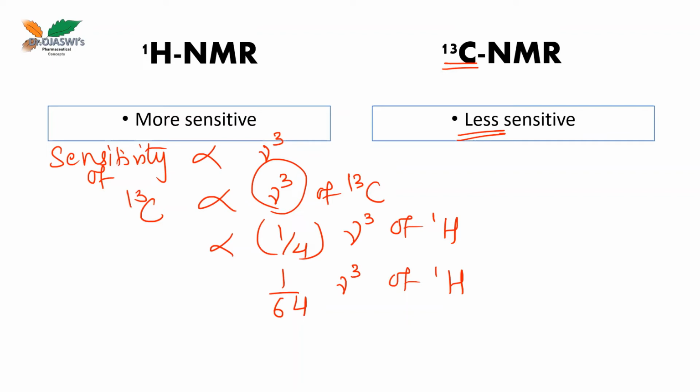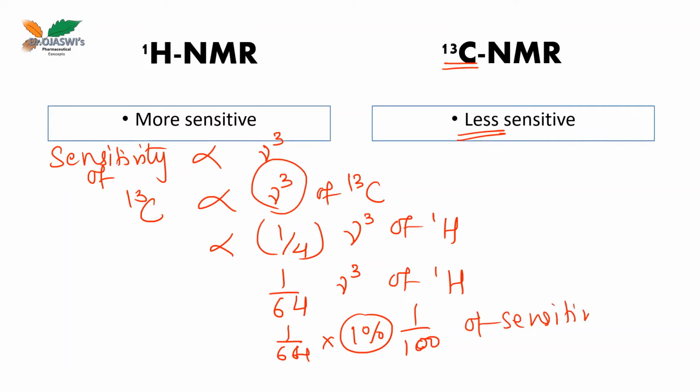And for the sensitivity, if we multiply by the natural abundance, which I am taking as approximately 1%, that is 1/100, then the sensitivity of 13C is 1/6400 of the sensitivity of 1H.